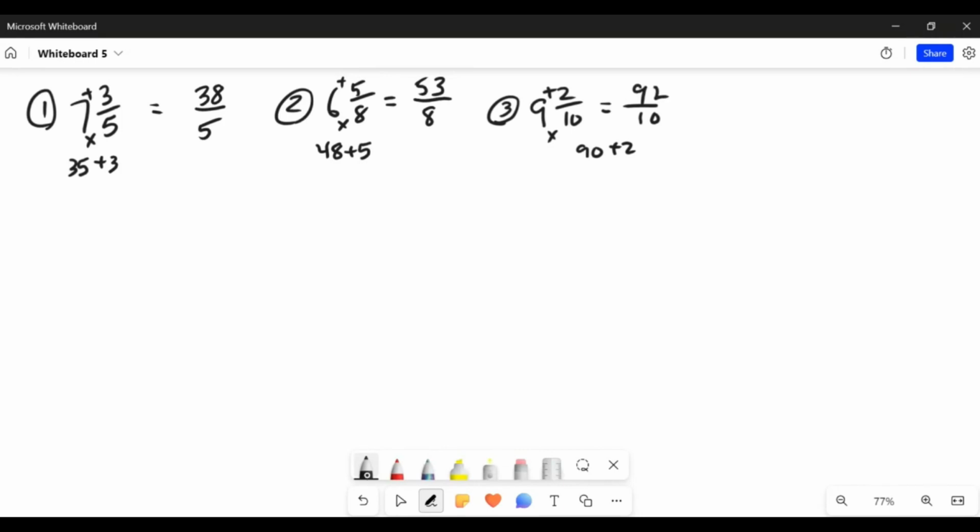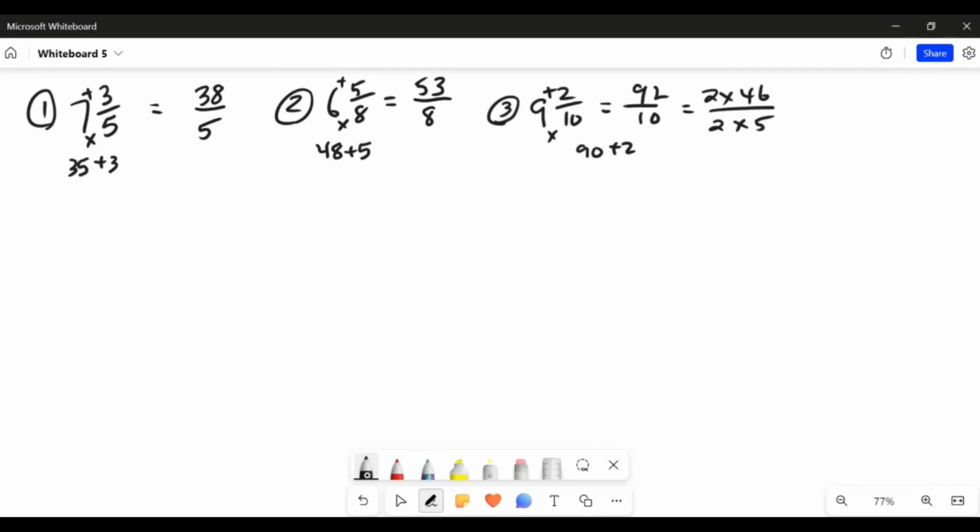92 tenths. But 92 tenths is not simplified. We always need to simplify. 92 is 2 times 46, and 10 is 2 times 5. So you should see that 2 goes into 10 and 2 goes into 92.